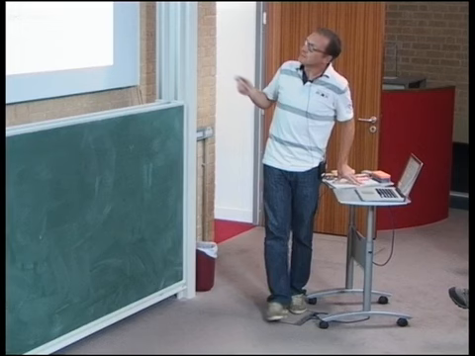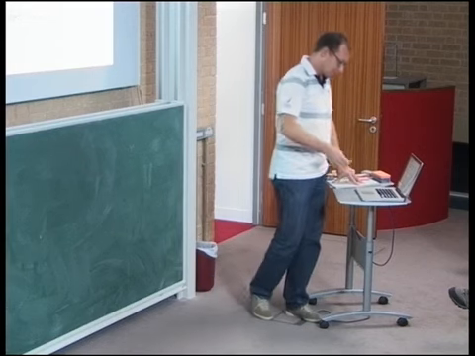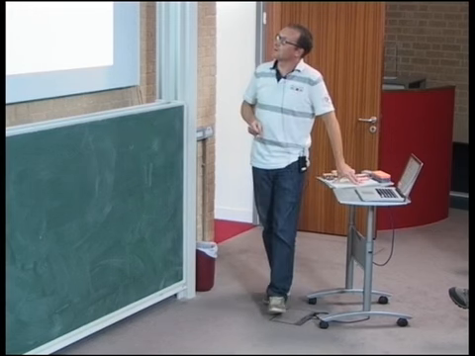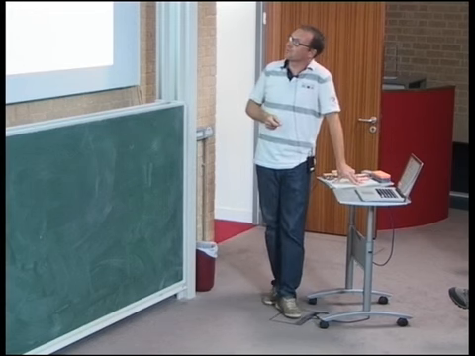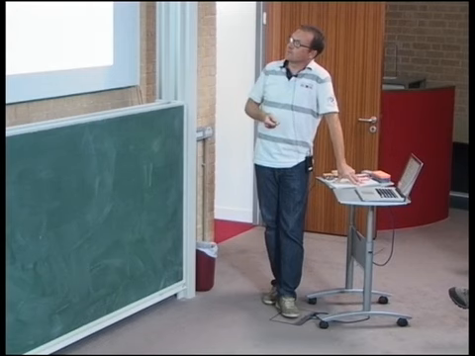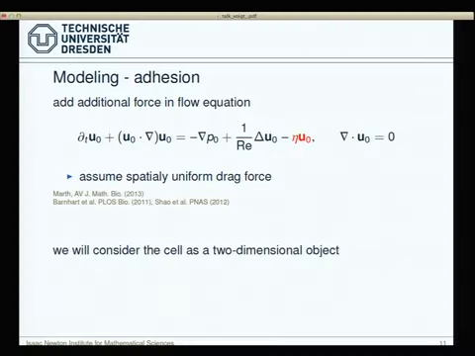So what is this C1 and how do we get to have this? Oh, I forgot about some adhesion force. So we also consider additional forces due to adhesion just by modifying the flow field in the cytosol and assume that, well, there's some spatially uniform drag force and the adhesion is just proportional to the flow velocity.